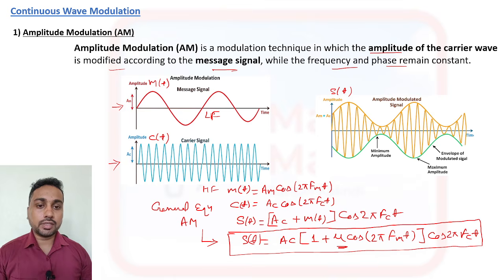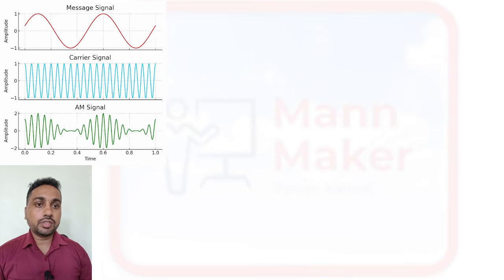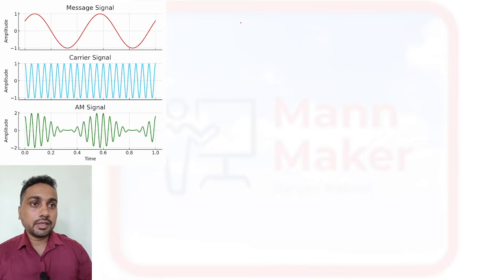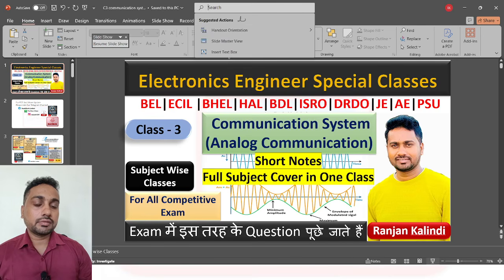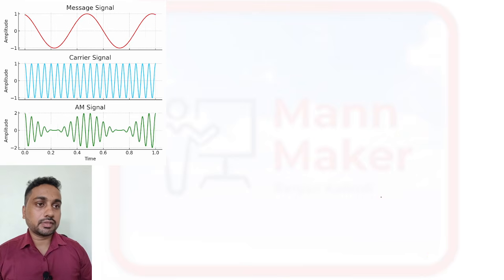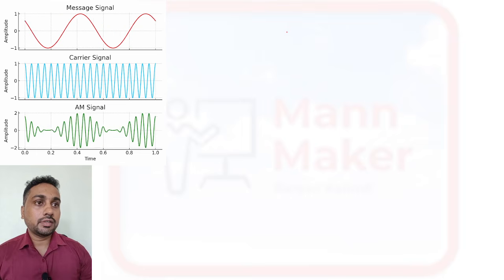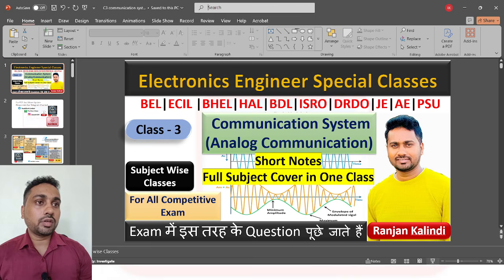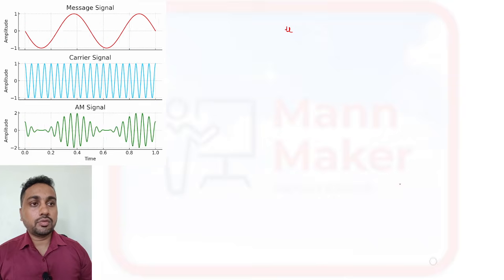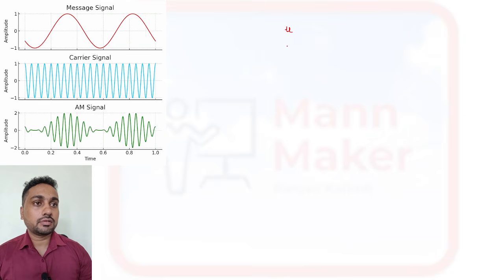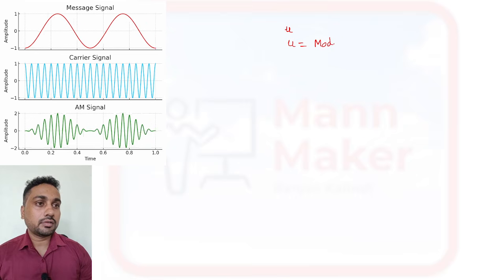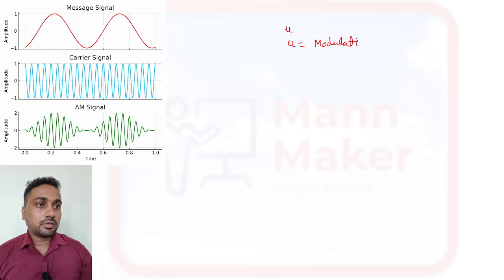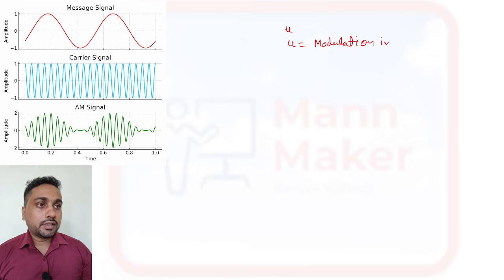In this equation, mu is what? Mu we call the modulation index.